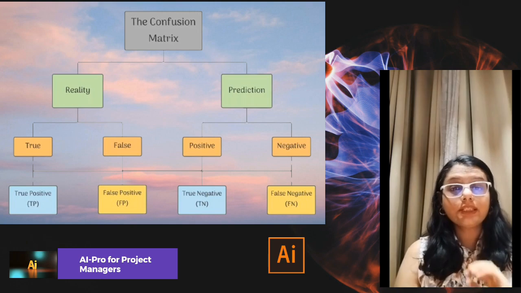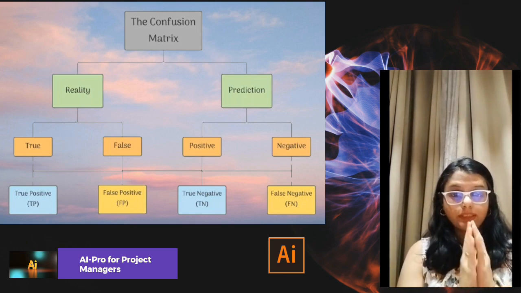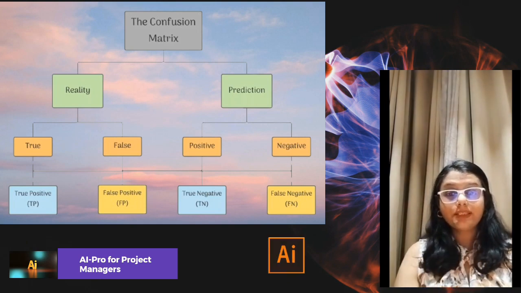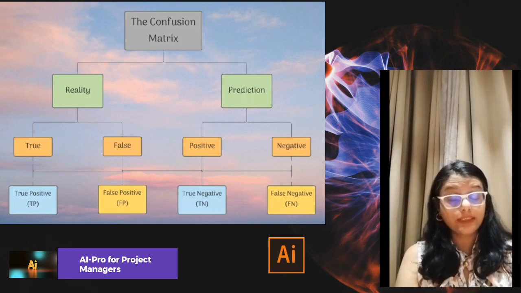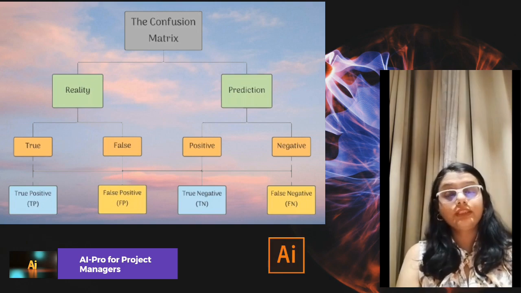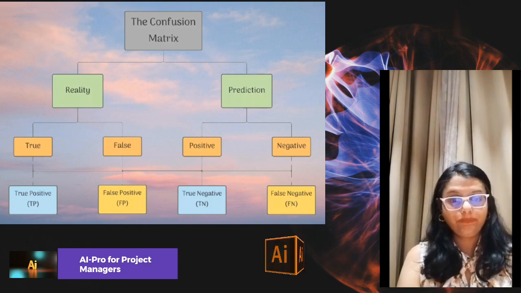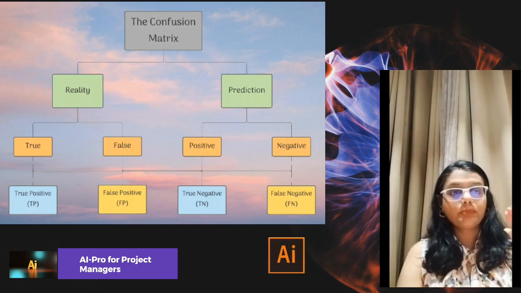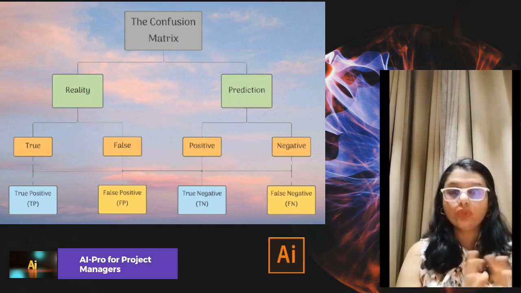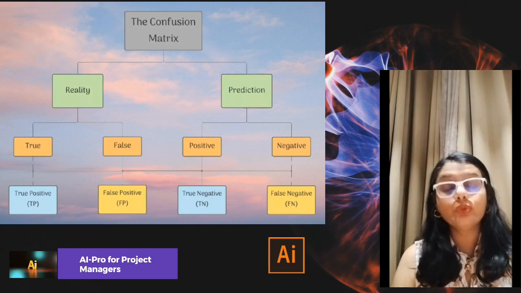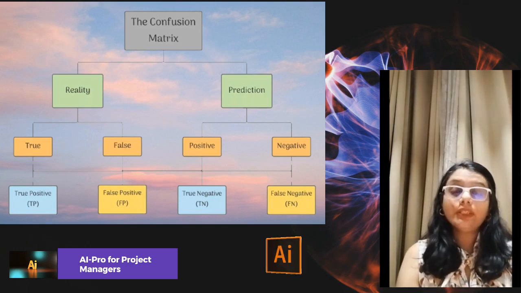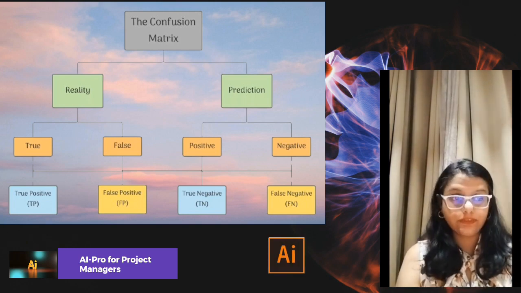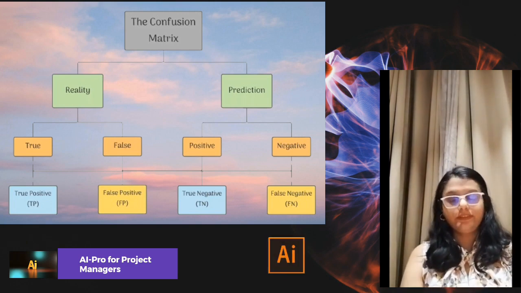When the reality is false, in reality there is no football, but the prediction is coming out to be true, yes, there is positive, then it's a false positive. When the reality is no and the prediction is also no, then it's a true negative. When in reality there is a football but the prediction is coming out to be negative, then it's a false negative.